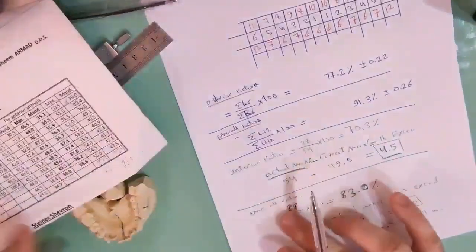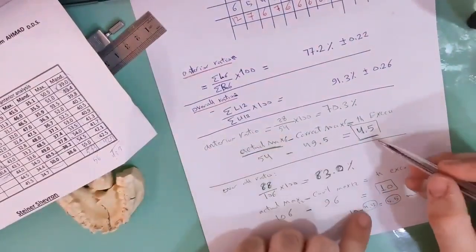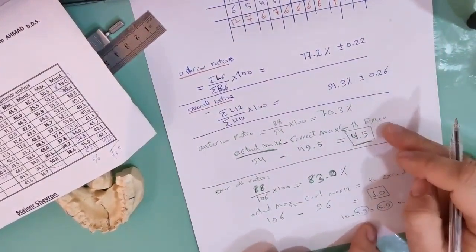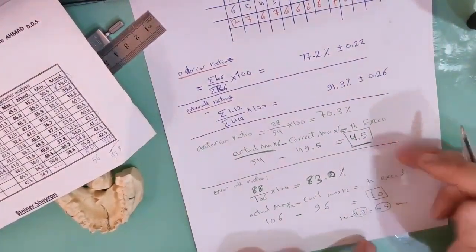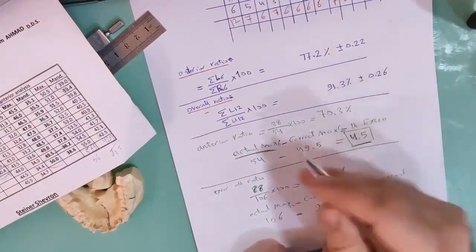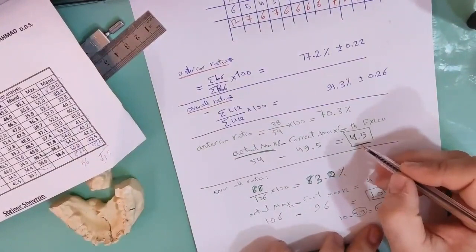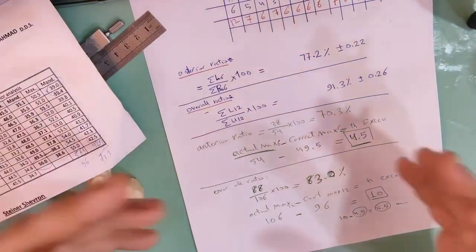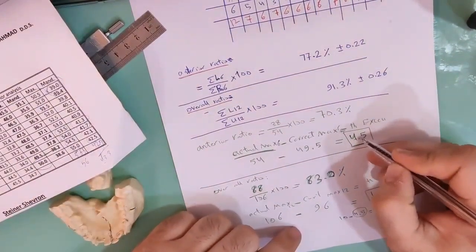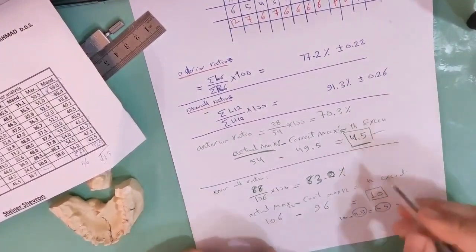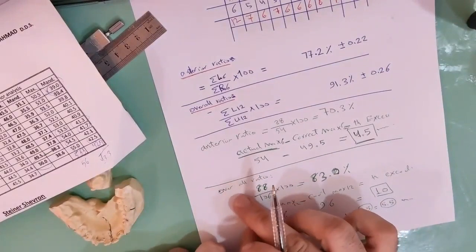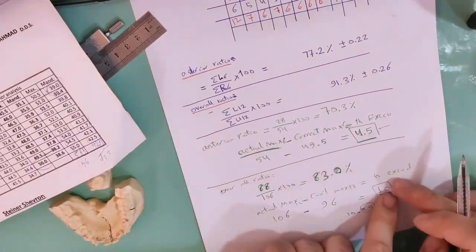And finally, we find out the excess volume for the anterior and the posterior sections. In this case, the excess volume of the anterior 6 is 4.5 millimeters, and for the overall ratio it is 10.